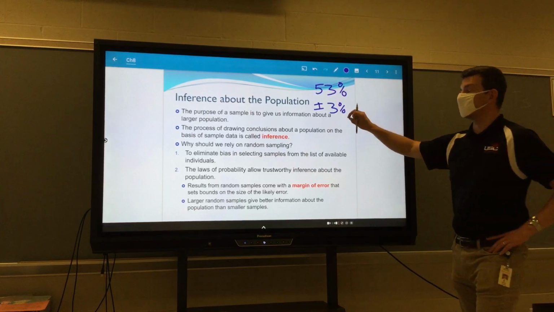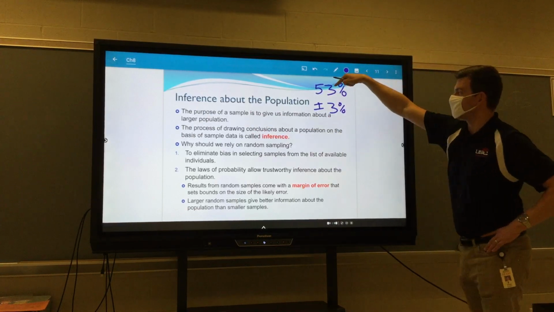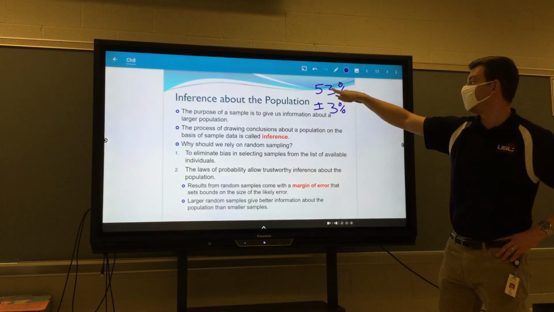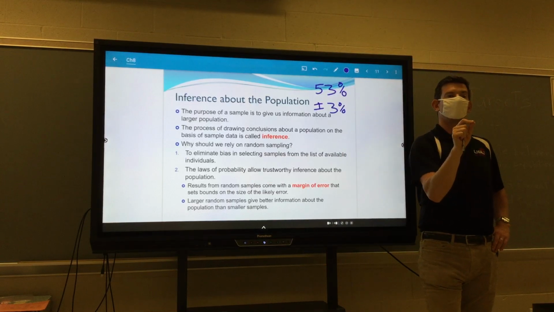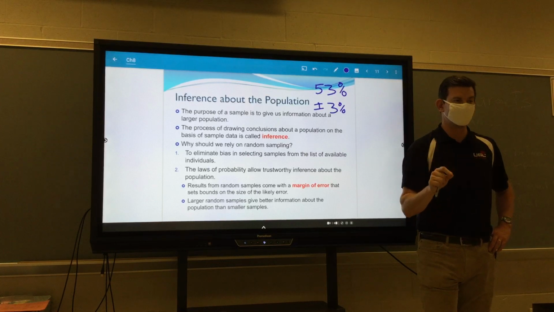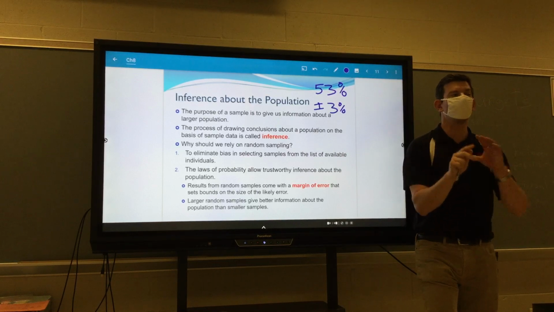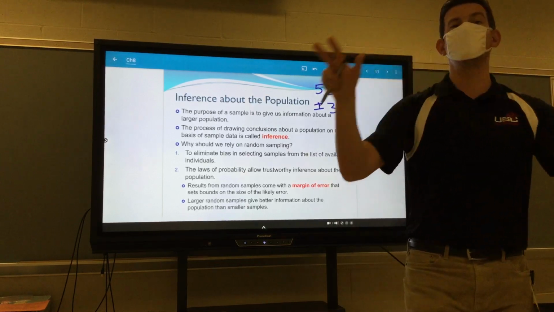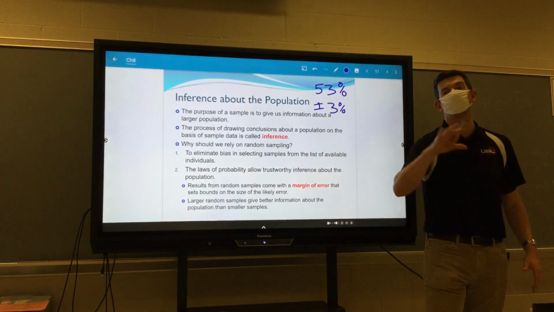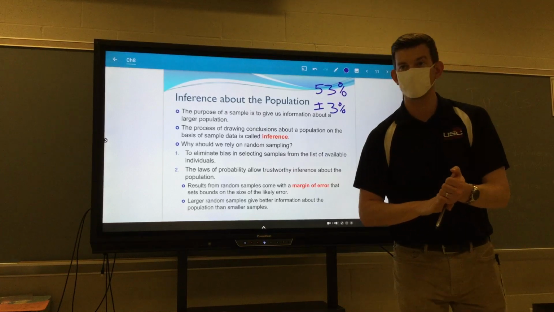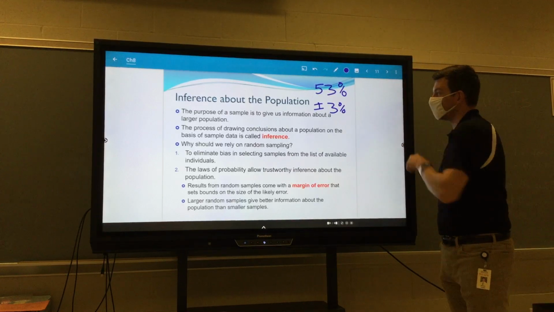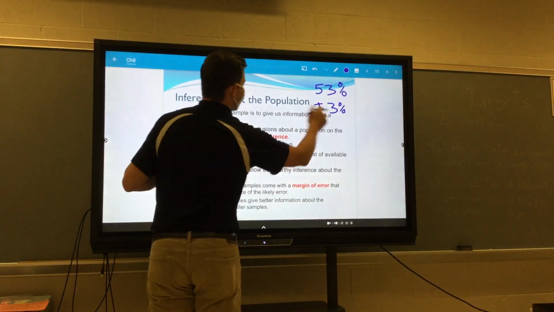The margin of error is just as important as this number right here. This number is saying that 53% of our sample said that they are voting for Joe Biden. We are hoping that that is representative of what's happening in the entire population in terms of accuracy. But the margin of error gives you a boundary.